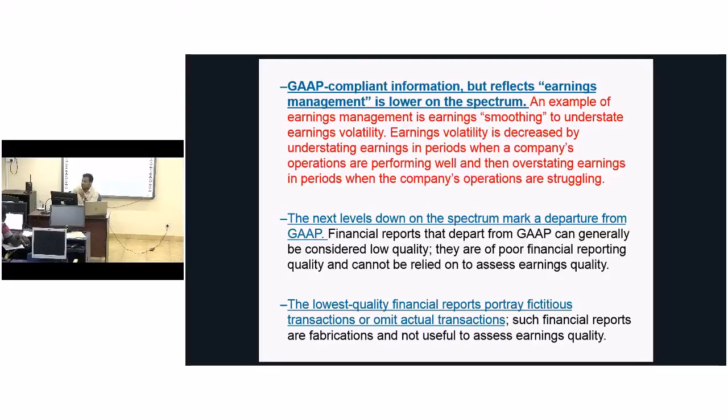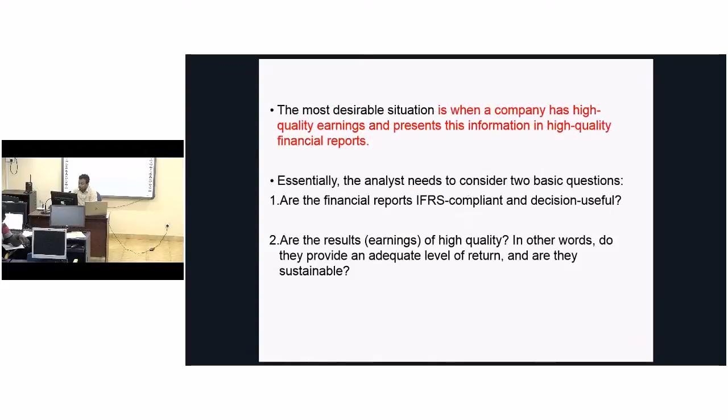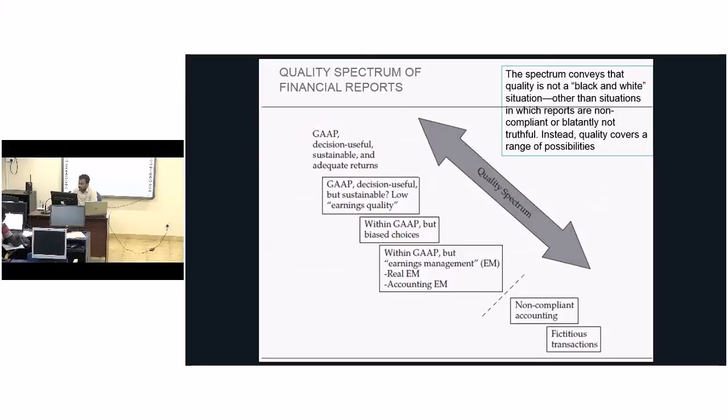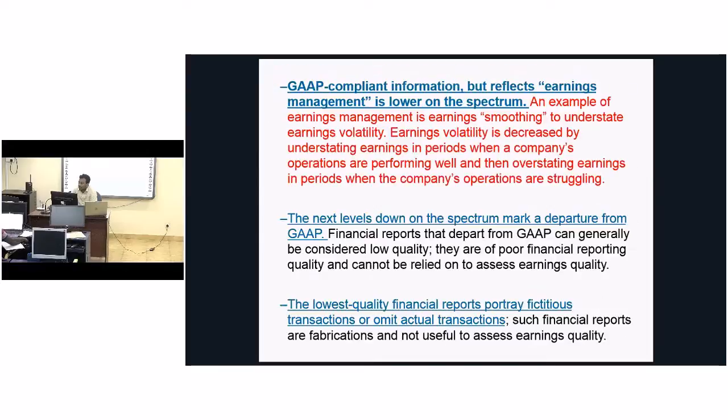The next levels down on the spectrum, when it comes down, what happens? Financial reports that depart from GAAP or IFRS. It means definitely low reporting quality as well as low earnings quality.